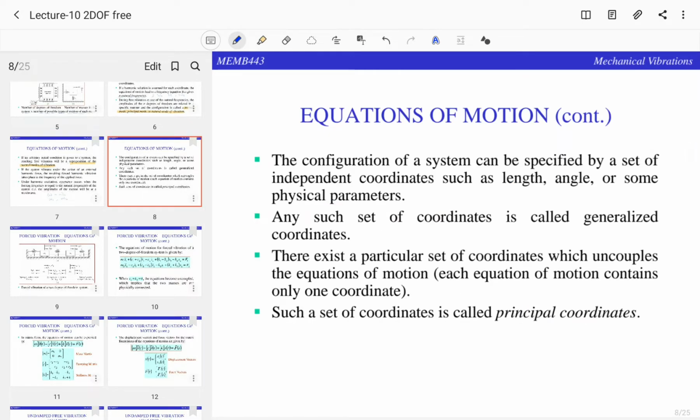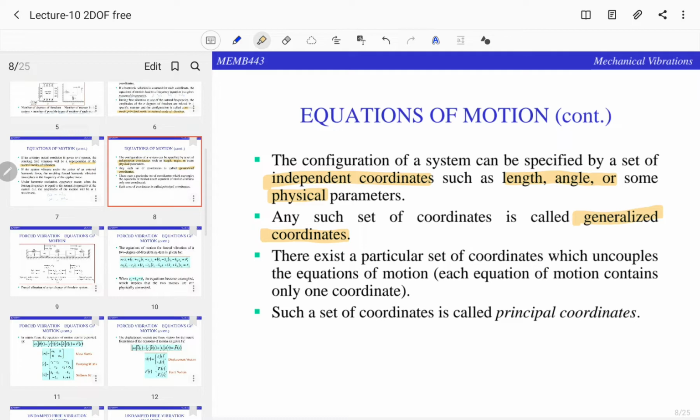The configuration of a system can be specified by a set of independent coordinates. Okay, so the independent coordinates can be physical parameters such as length, angle. It can be other things, for example, temperature, pressure, and so on. Any such set of coordinates is what we call generalized coordinates.